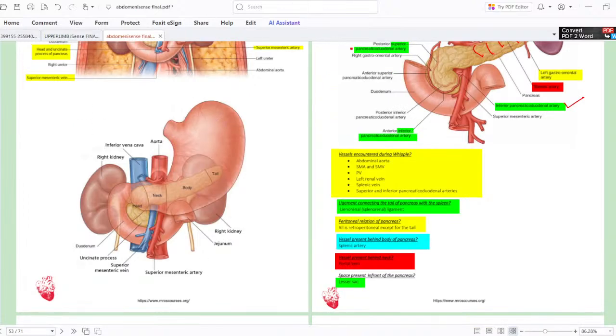Just 1 second, I will show you one of my part B papers. I can say I'm better prepared for part B than part A, because for part B I prepared everything with a lot of time.